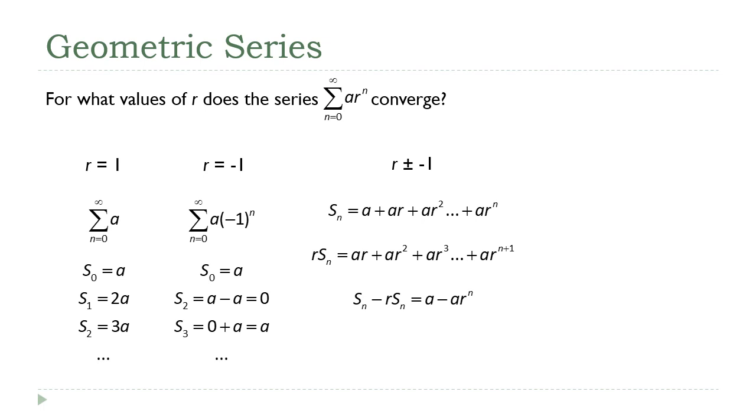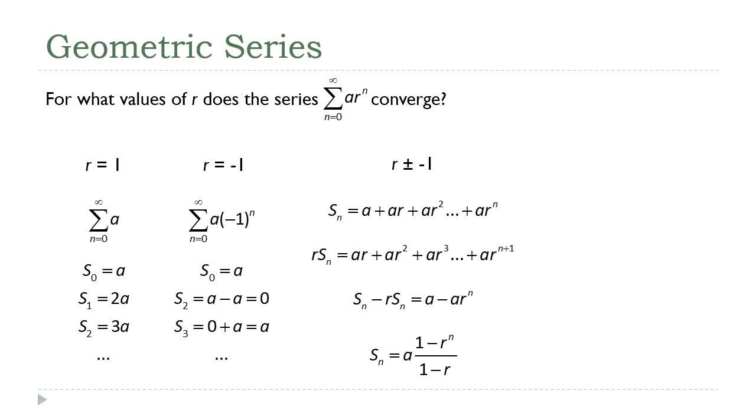So what I'm going to be left with on that right-hand side is a minus ar to the n plus 1. Okay, take that left-hand side, factor out s sub n, right? We get s sub n times 1 minus r, divide both sides by that. Right, so move that 1 minus r over to the right-hand side, and I factored out the a from the numerator.